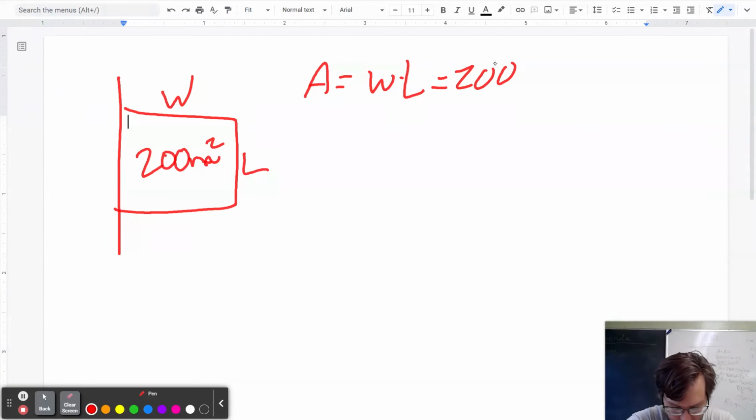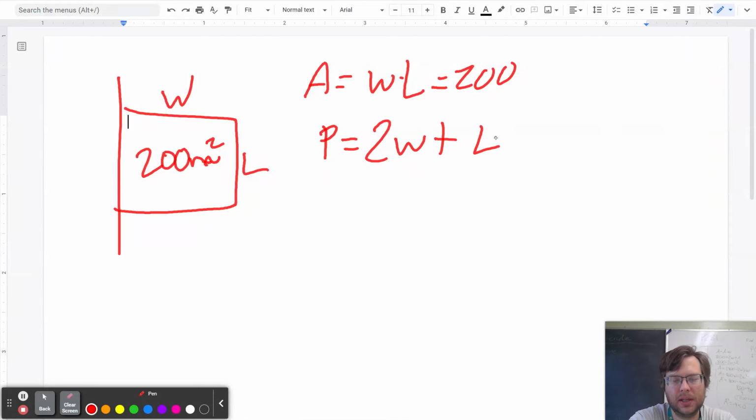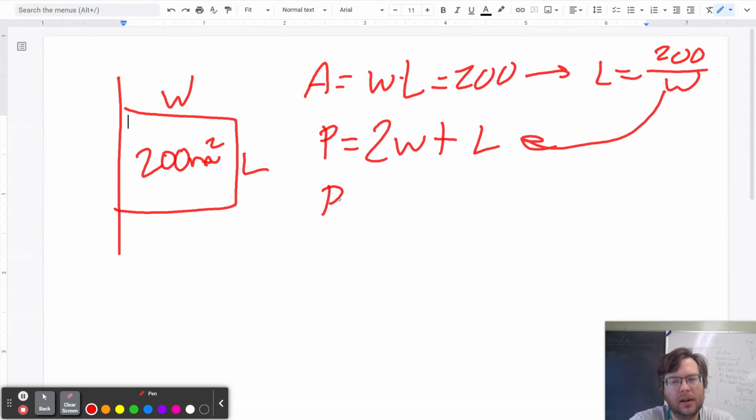I want to minimize the fencing, so I want to minimize the perimeter equation, where I've got 2W plus L, because the other L on the left side of my picture is taken care of. If I rearrange my area equation, I get that L is 200 divided by W, and substituting that in, 2W plus 200 over W.